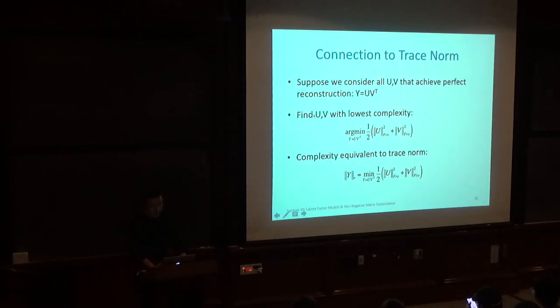And now we want to find the U and V that has the lowest complexity under this complexity measure, which is basically just L2 regularization on U and V. In the matrix case, it turns out that this is equal to the trace norm of Y. So if Y has low trace norm, which also implies that it has low rank, then the trace norm of Y is equal to the sum of squared Frobenius norms of the U and V that achieves a perfect reconstruction of Y with the lowest such sum.